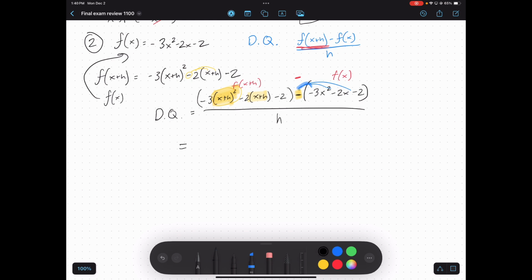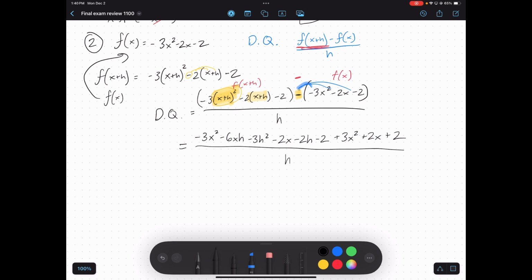So what is this going to end up looking like? I'm going to end up with -3x squared minus 6xh minus 3h squared minus 2x minus 2h minus 2 plus 3x squared plus 2x plus 2, all over h.